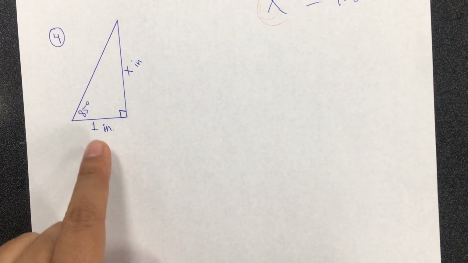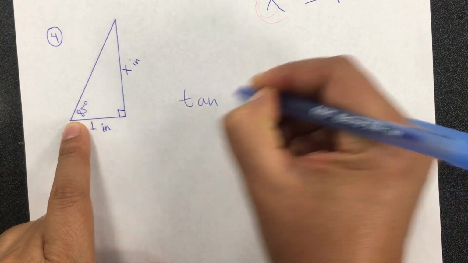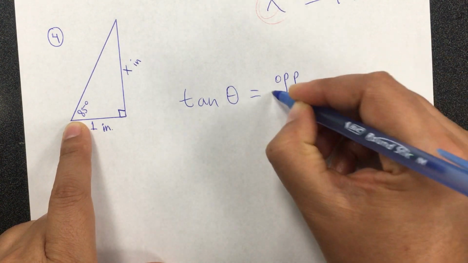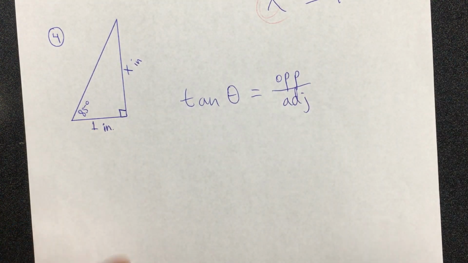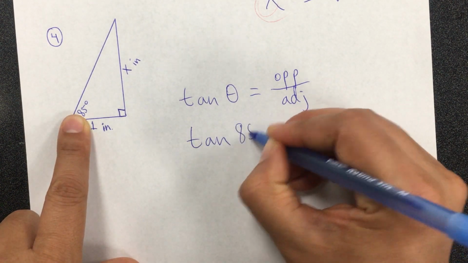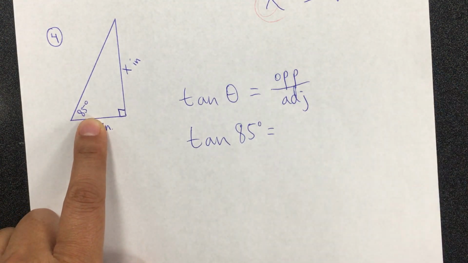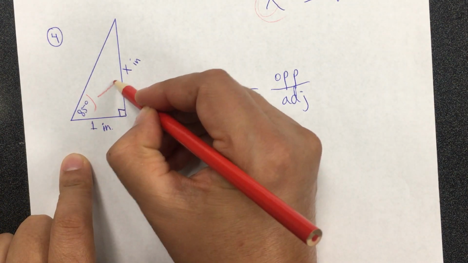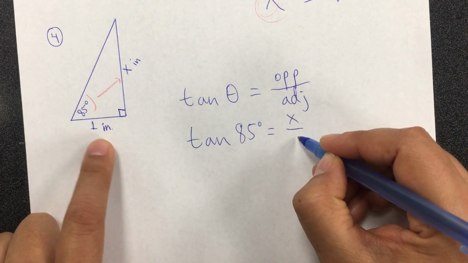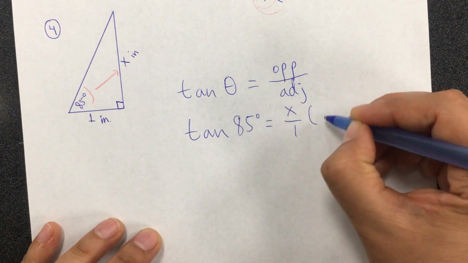Okay, we have this angle right here. It's gonna be tangent of theta equals opposite over adjacent. It's going to be tangent of 85. Remember that theta represents the measurement of the angle. Opposite is straight in front of it. So it's going to be x over 1. Now to leave x by itself, we're going to multiply by 1.